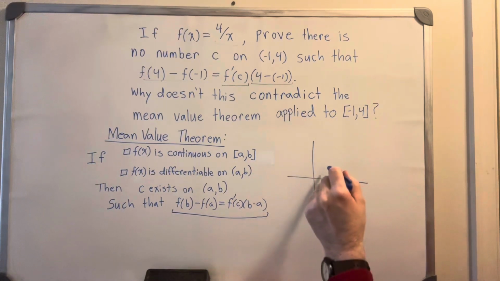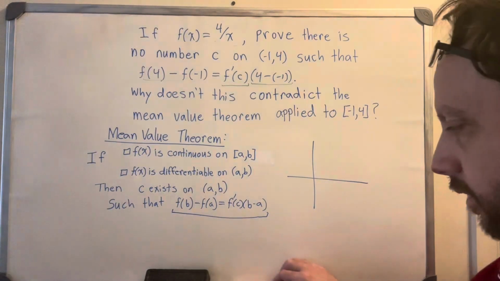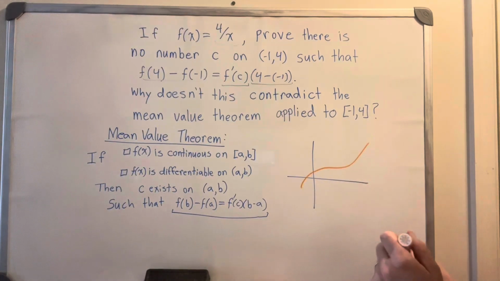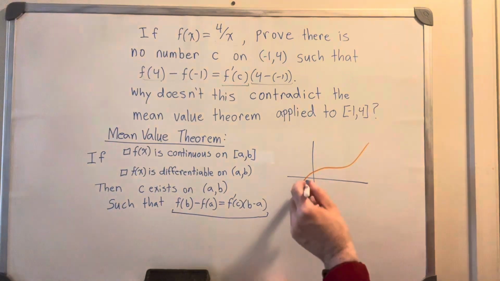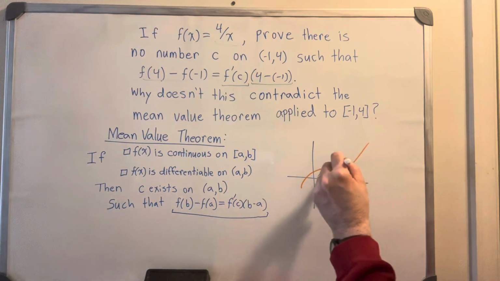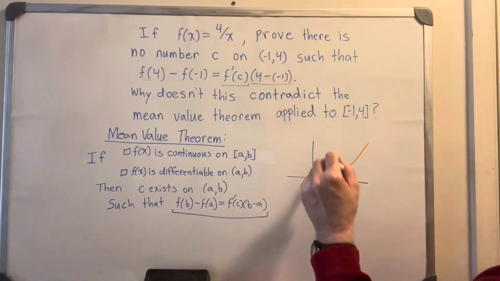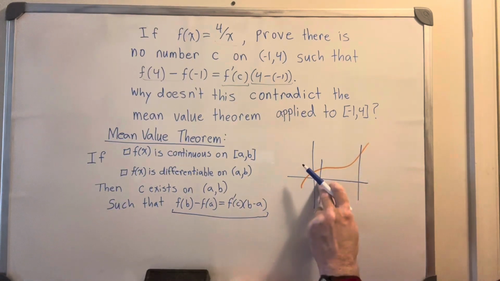What is this in basic terms? Let's say the function looked like this. Now, because I drew it without lifting my marker and because it's smooth, there are no jumps or asymptotes or cusps. It's differentiable. Let's say that this is the open interval.